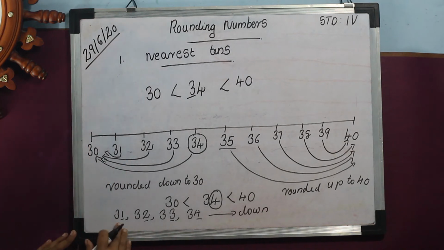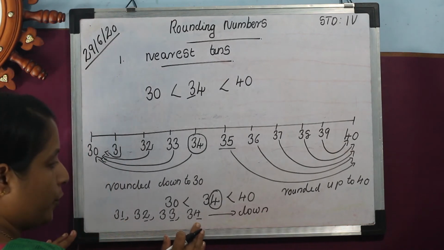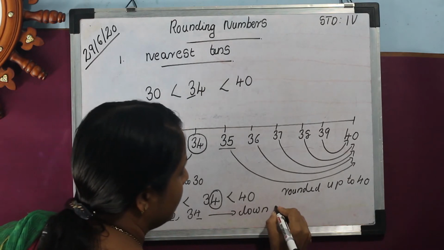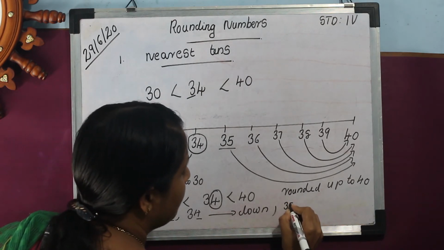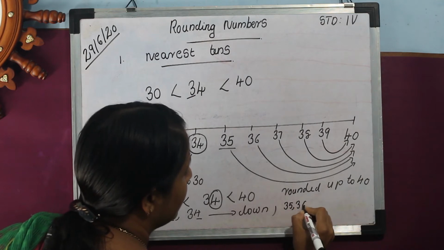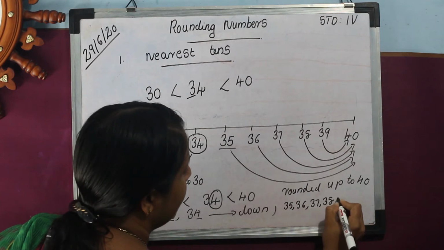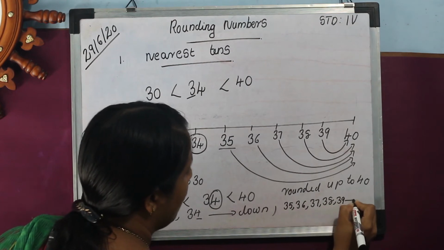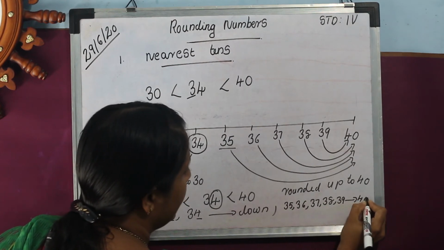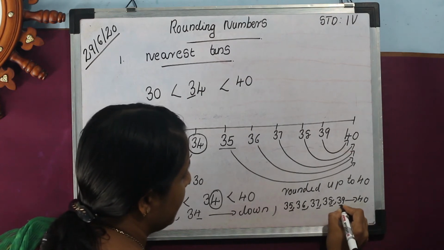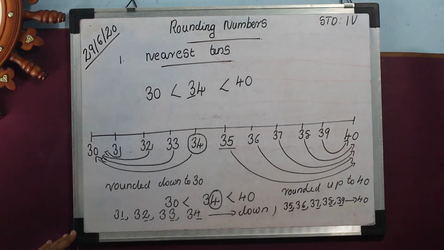Then next is 35, 36, 37, 38 and 39. Here the 1's place values 5, 6, 7, 8, 9 are rounded up to the number 40.